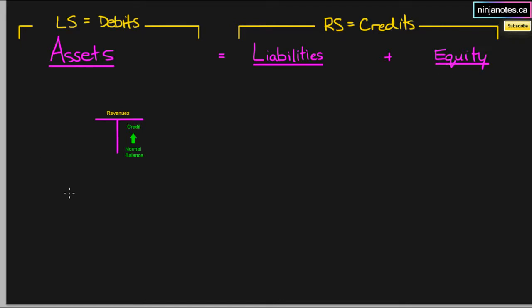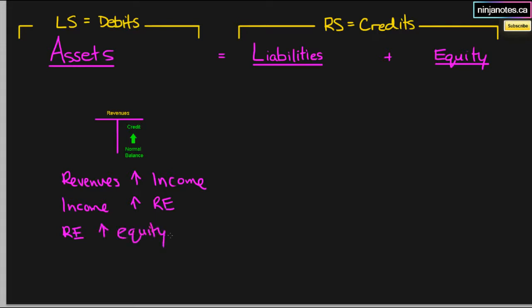So let's actually write this down and follow how this works. Okay, revenues, I think most people understand that revenues increase the level of income for a certain company. When we increase the income of a certain company, we're going to have more retained earnings, because more income in each fiscal period will lead to more earnings that are retained within the firm. When we have more retained earnings, it will increase equity.